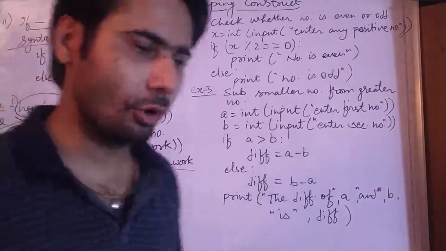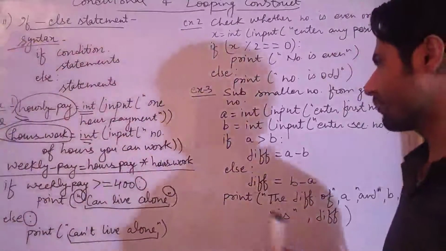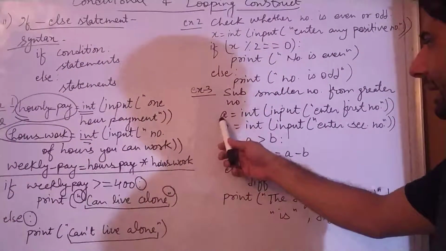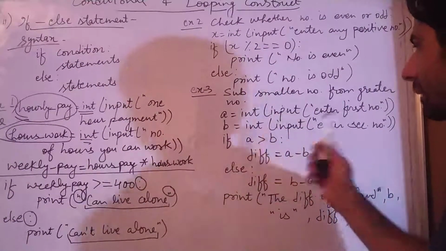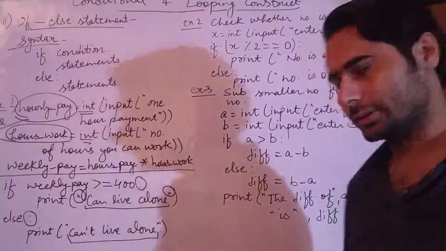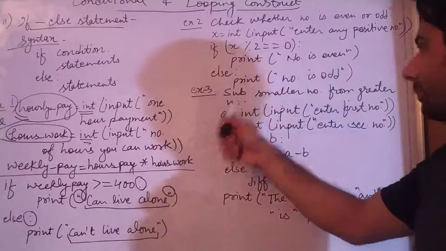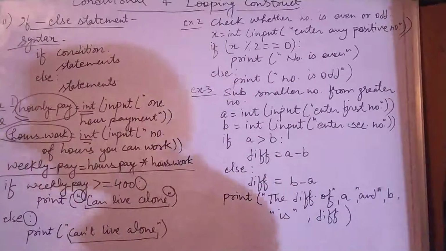Subtract the smaller number from the greater number. Okay, here we take two variables a and b and receive the value from the user, and the value will be stored in a and b.